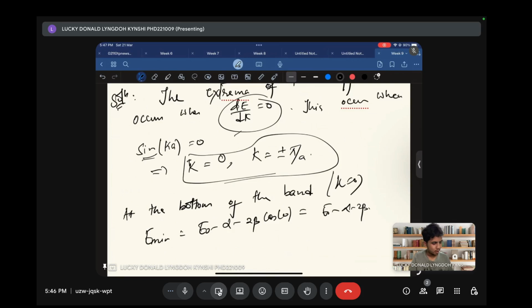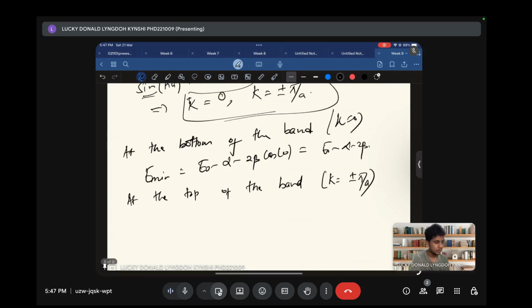Whereas at the top of the band, k will be plus or minus pi by a. Then what happens?